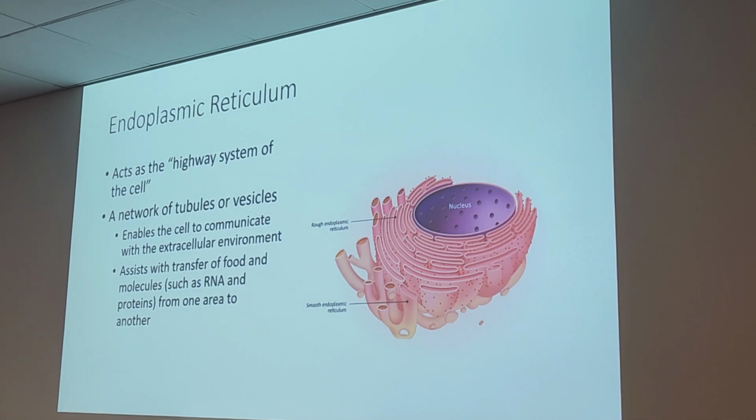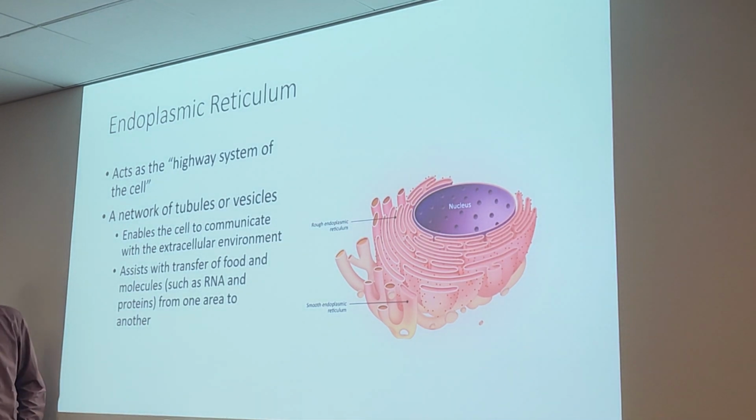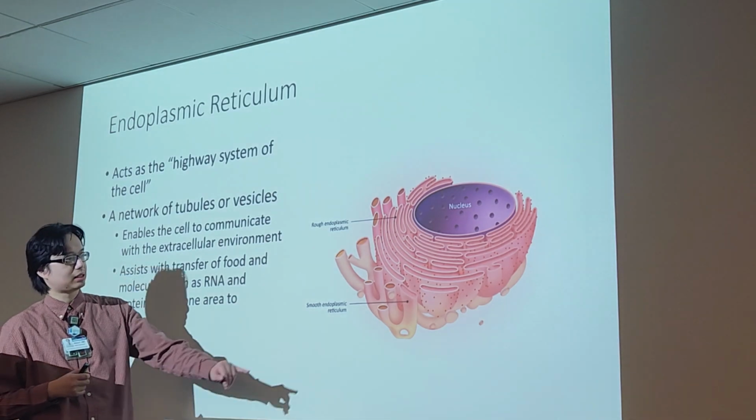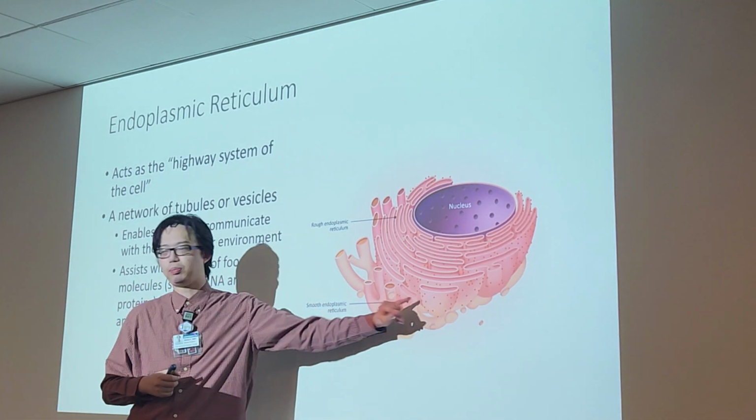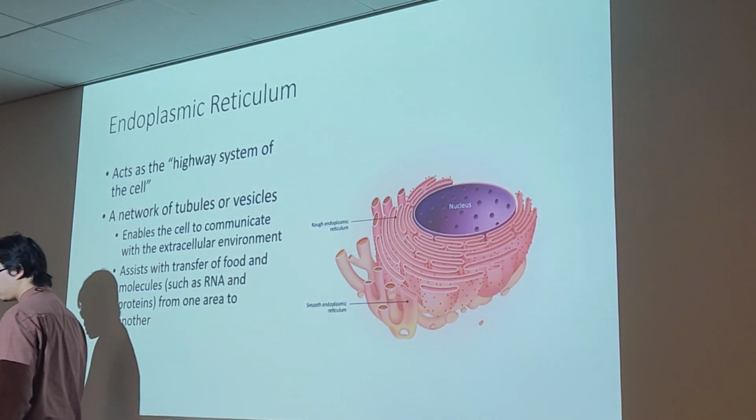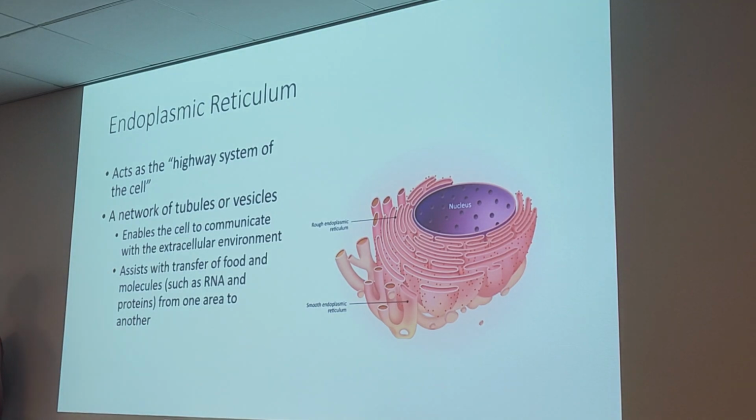One of the interesting things about the endoplasmic reticulum is that it can be rough versus smooth. Rough means that it's got some extra bumps on it. These bumps are ribosomes. And this makes sense because we mentioned ribosomes are the location where what type of synthesis occurs.